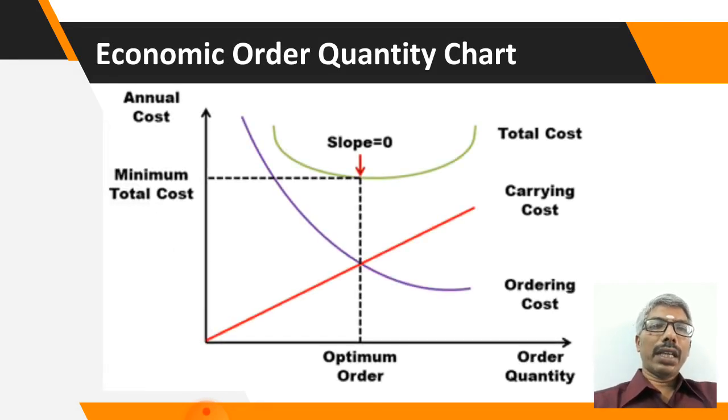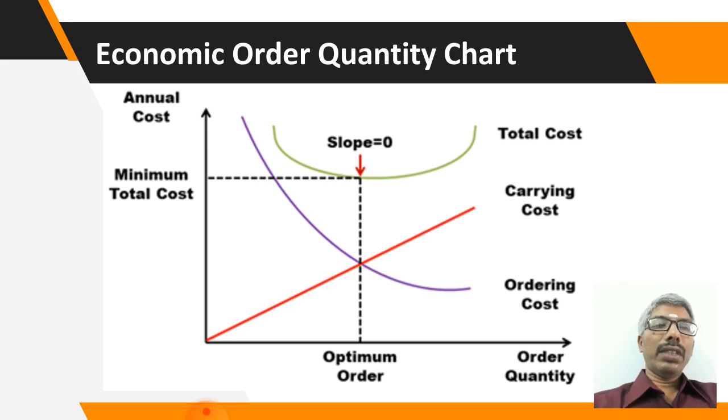This explains the economic order quantity chart. Here the x-axis is the order quantity, and the y-axis is the annual cost. Here we have the ordering cost line, carrying cost line, and total cost line.